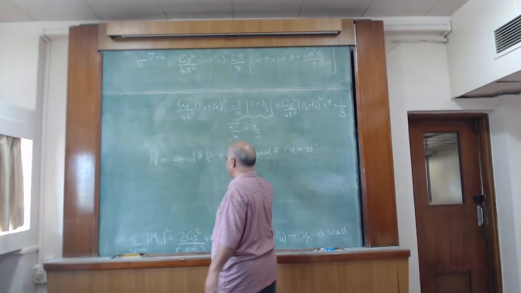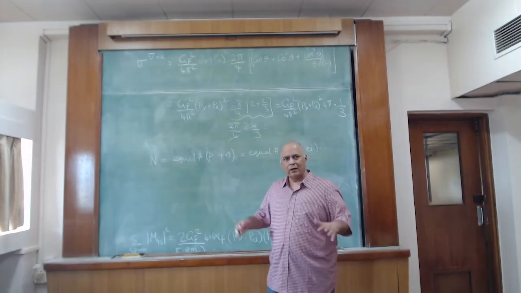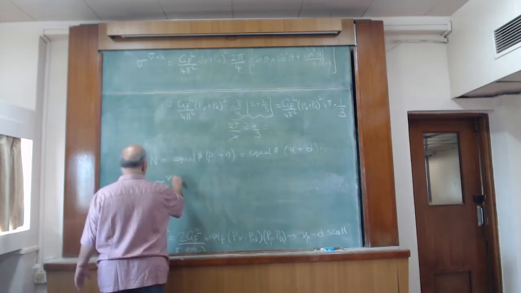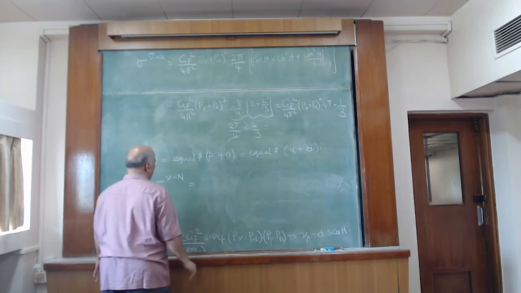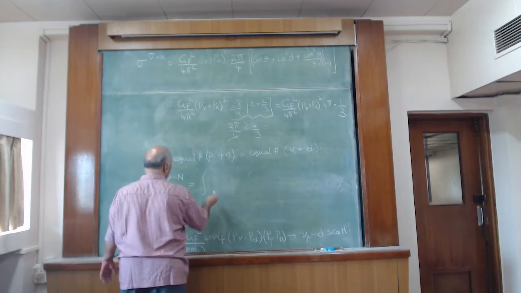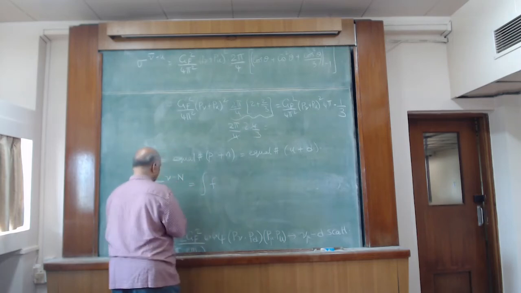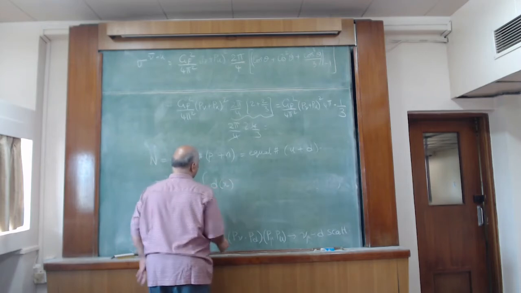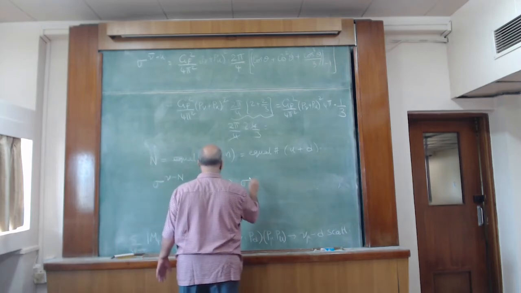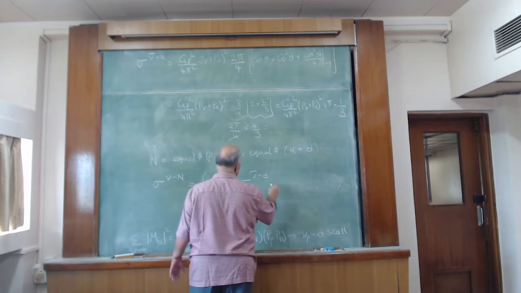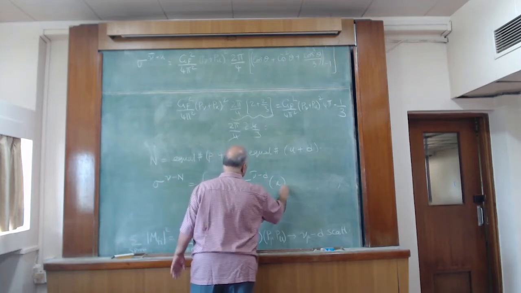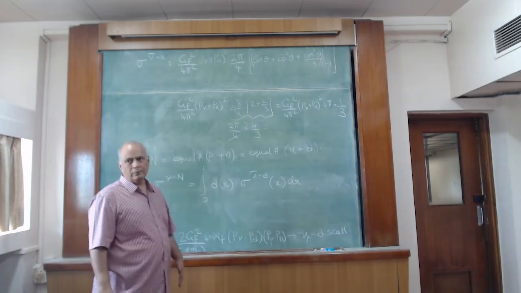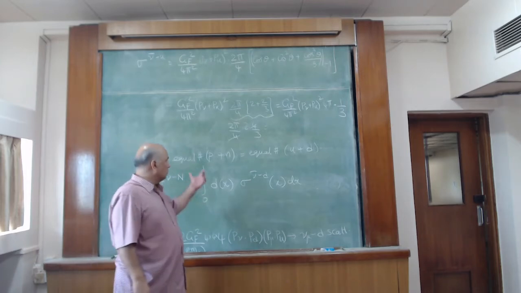So this is a valid approximation, and we take sigma nu N to be an integral of dx, sigma nu-bar d, which will be a function of x, from 0 to 1.